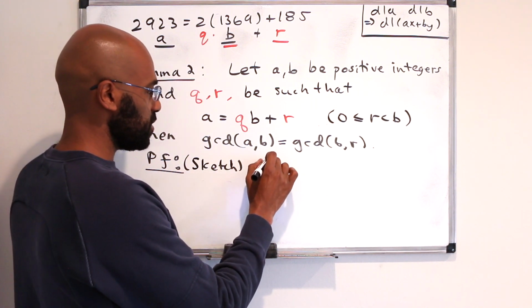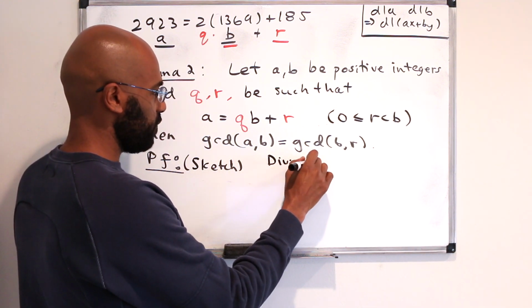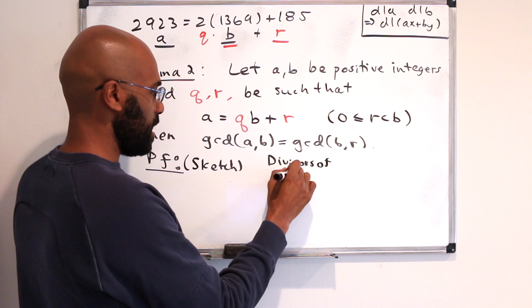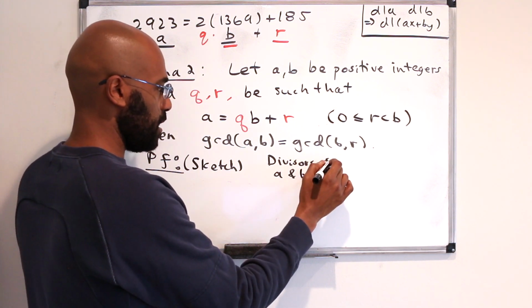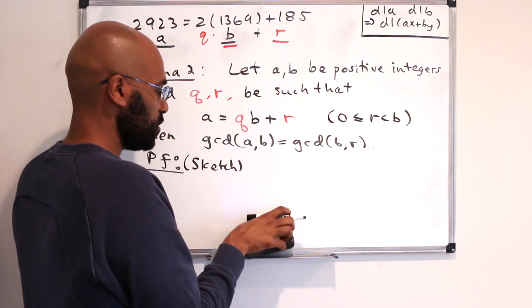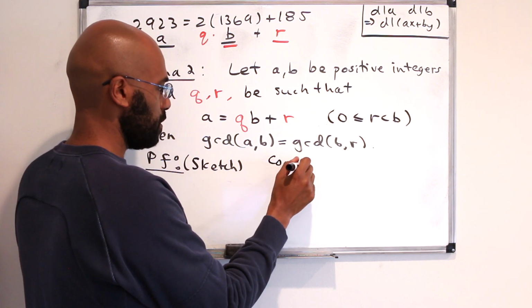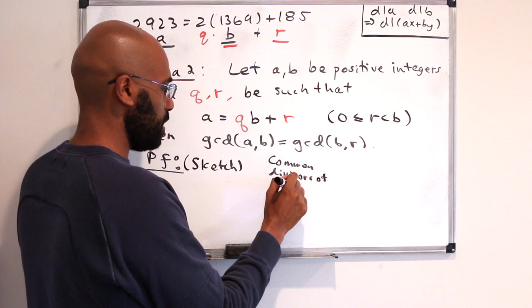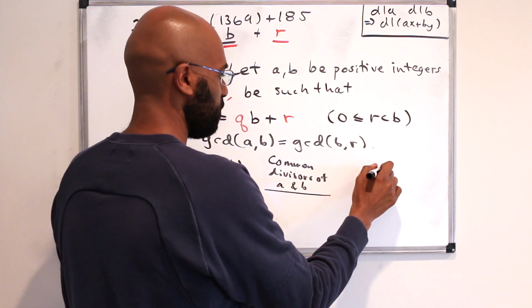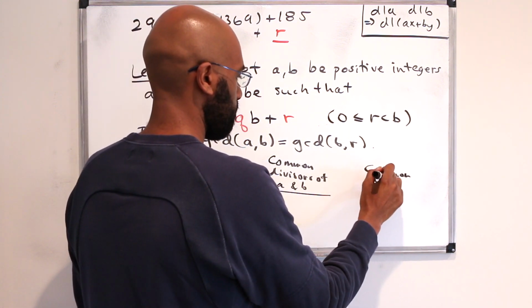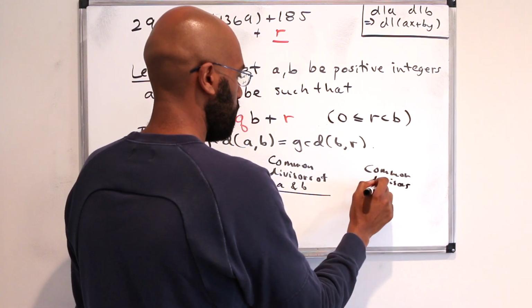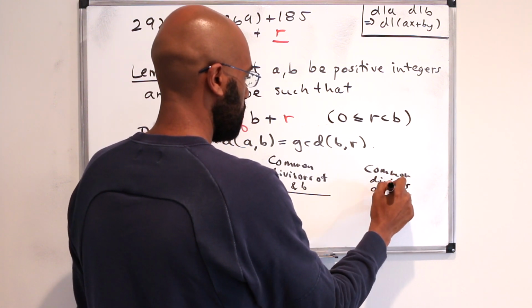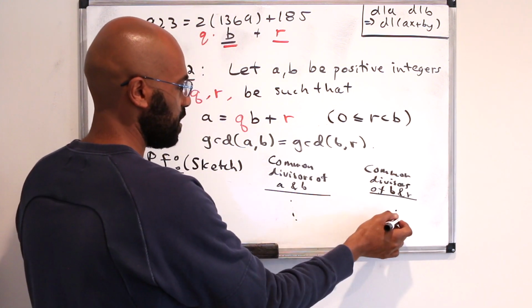So we have common divisors of A and B, and then another list, which is common divisors of B and R. Okay, so here you have a list of numbers, and here you have a list of numbers.